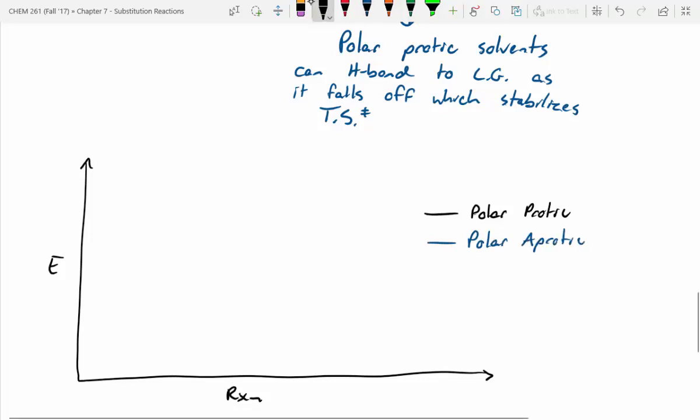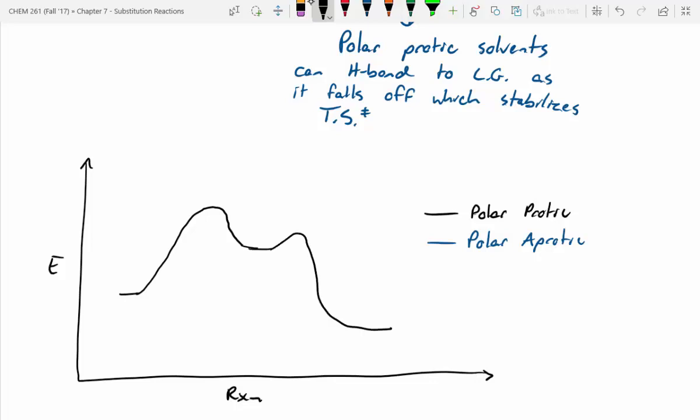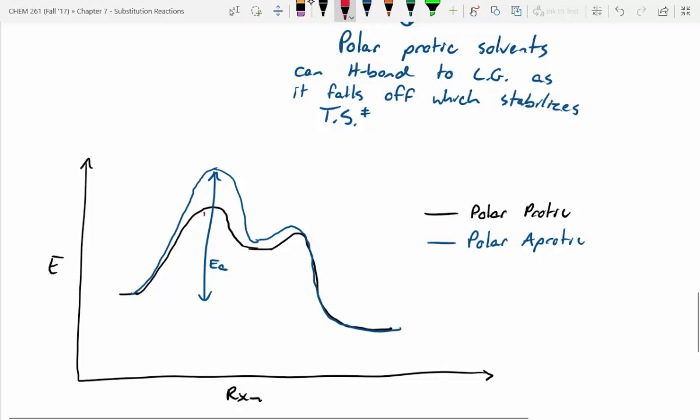And we know for SN1 that we go through this intermediate, then we've got a second hump as we go to product. Where with the polar aprotic solvent, everything looks the same. Except this one has a much, much larger activation energy than we do for the polar protic.